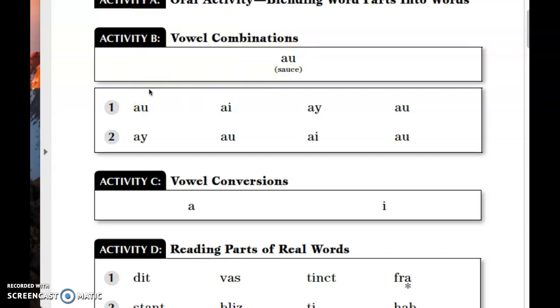What sound? Ah. Next sound? A. Ah. Now look at line 2. What sound? A. Ah.